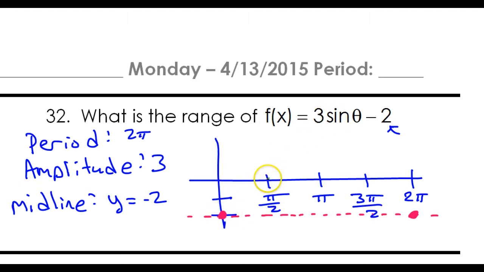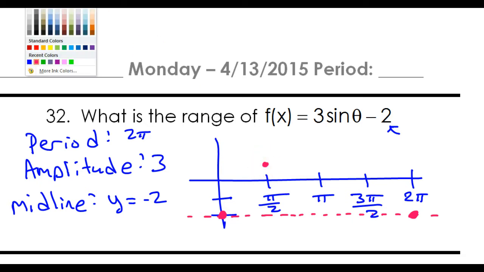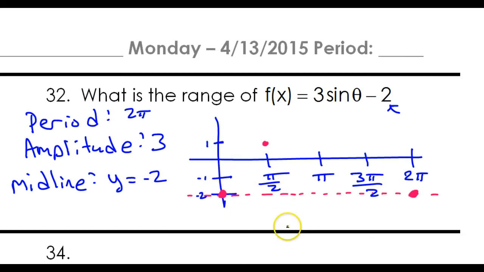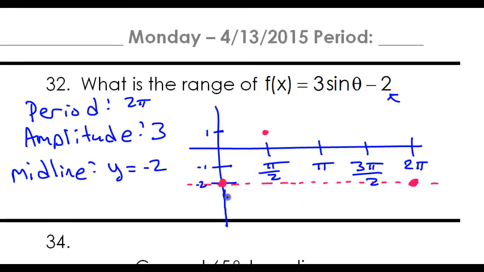So by the time I get to this position, I should be at 1. Maybe I should put a mark up there. So this is -1, -2, and this is +1. I guess I'll need some marks down here as well, because this will be -3, -4, -5.